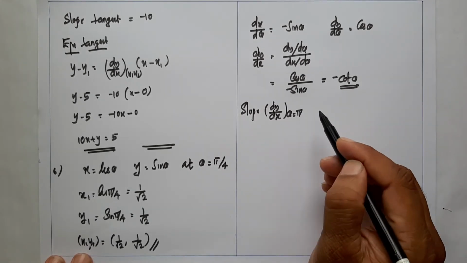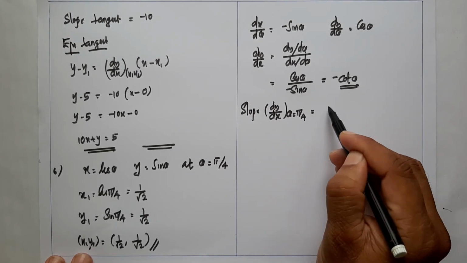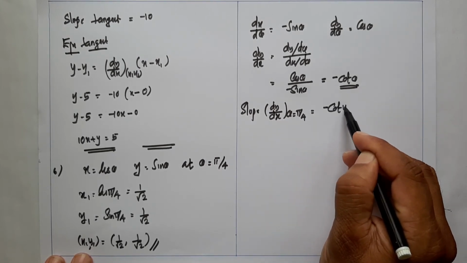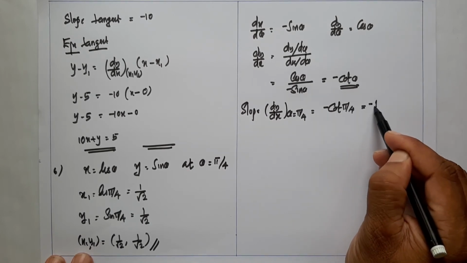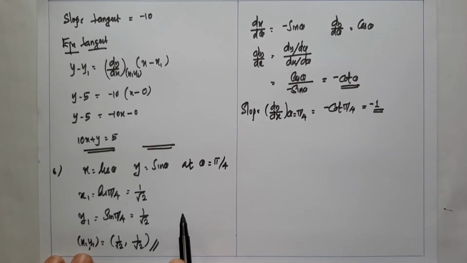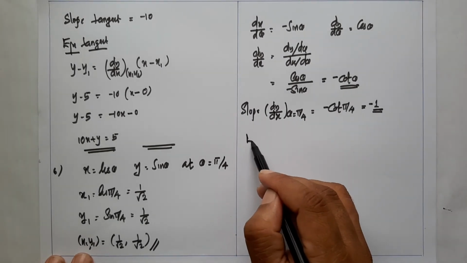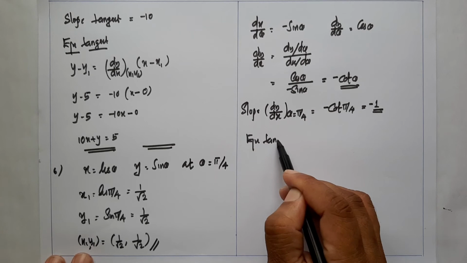So dy by dx at theta is equal to pi by 4, the answer is minus cot pi by 4. You know tan pi by 4 is 1 and its reciprocal is also 1. That is minus 1. We get the answer minus 1. That is the slope of the tangent. Now the equation of tangent.